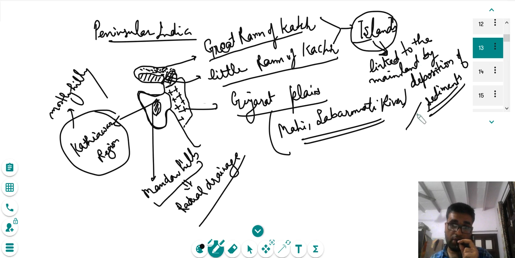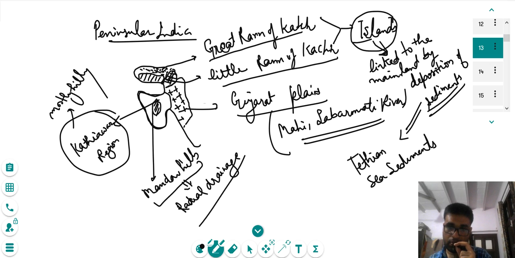So they have the sediments of the Tethyan Sea. So you can remember all these facts of the Gujarat also, right?